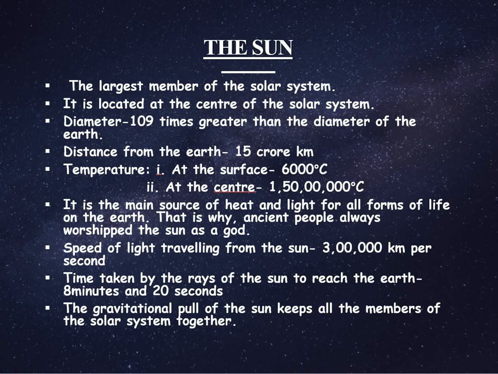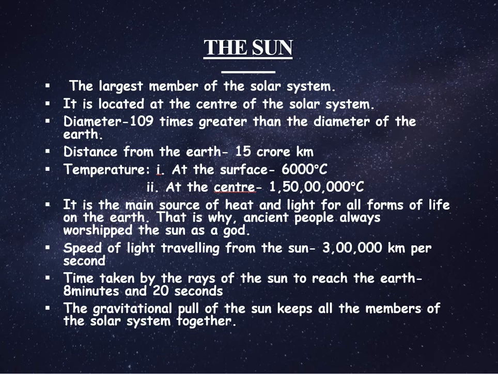It is the main source of heat and light for all forms of life on the earth. That is why ancient people always worshipped the sun as a god. Not only the ancient people, we too worship the sun as god.